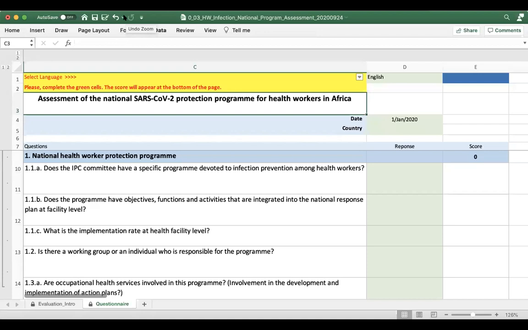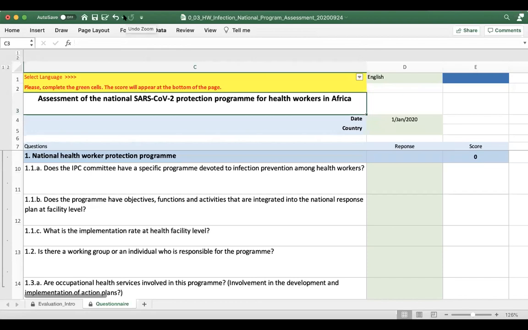So this tool is one of the very first tools you would want to use before starting to use tool 2 and tool 4 to be able to have an understanding of where your national program is.